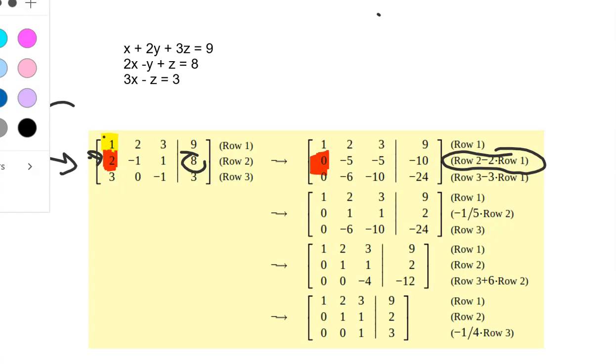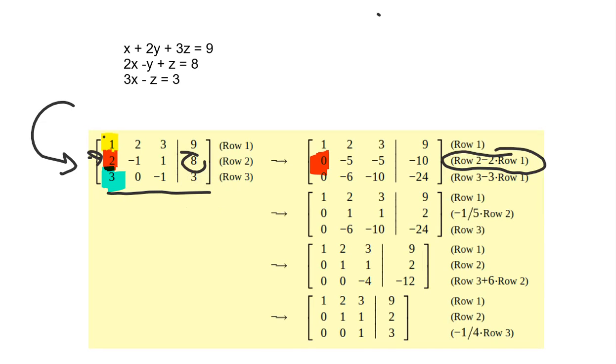Now we did the same exact thing for this 3. I had to do some row operations to turn that into a 0. So I took whatever was in my row 3 and subtracted 3 times row 1, and that's the beauty of finding a 1. Once you get a 1 in your main spot there, you can just subtract whatever your coefficient is times row 1, and it will help you cancel it out.